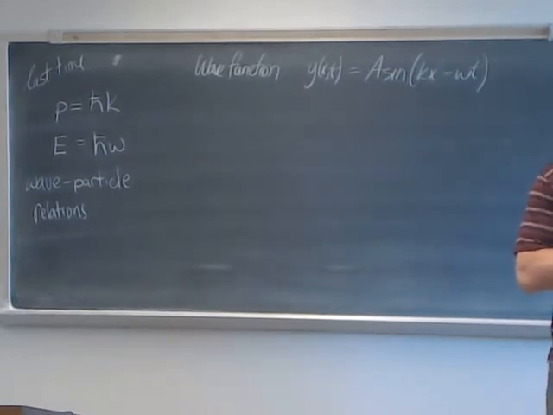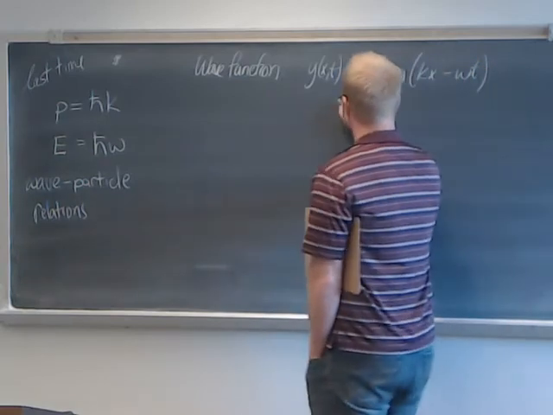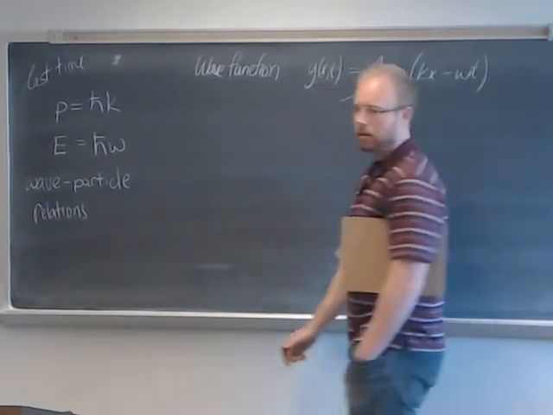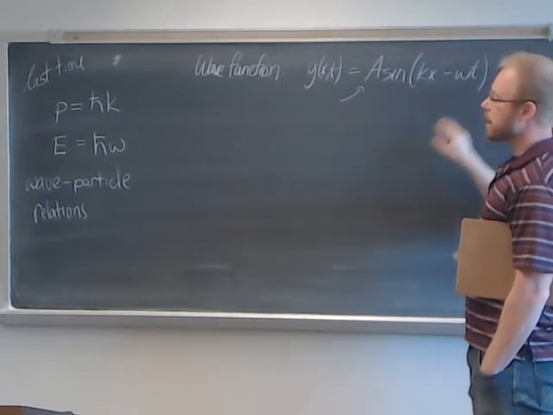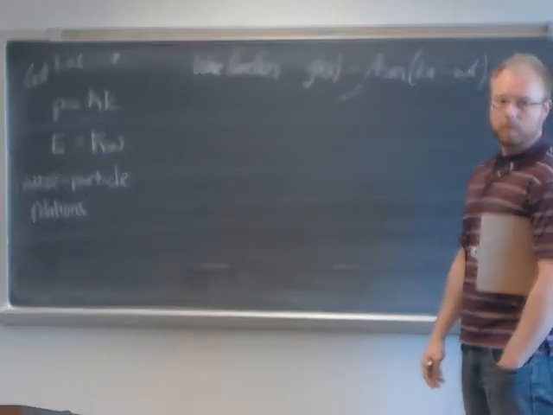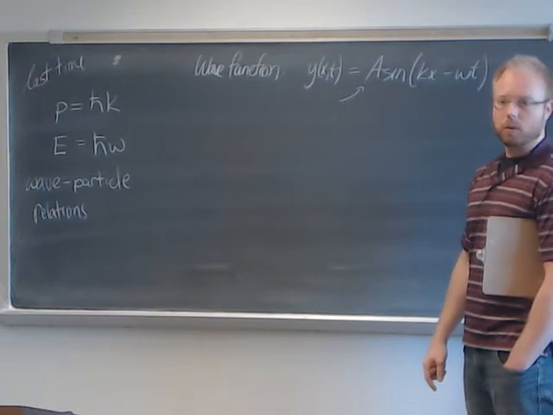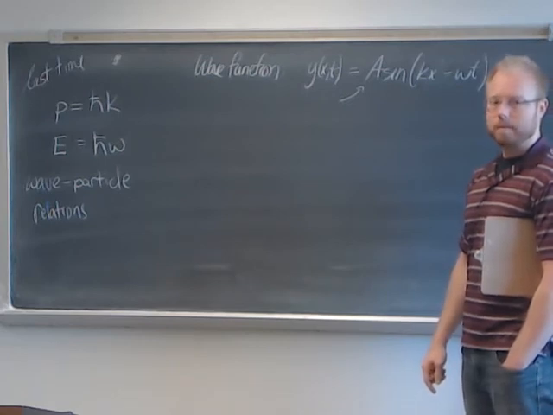And then we ran around and around talking about this for a long time. We said A here is the max amplitude. So whenever the sine of this becomes 1, then we're at max amplitude at that particular point in both x and time.